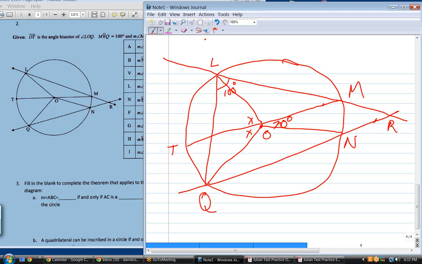Well, let's see. We know what this degree measurement is. We know what MQ is. MQ, the arc, is what? Based on this 100-degree angle up here. 200? Okay. So we'll write that.